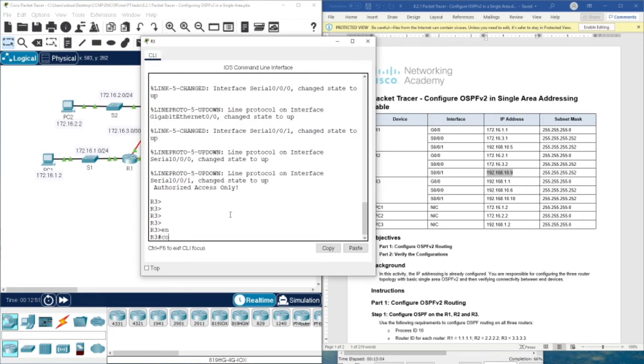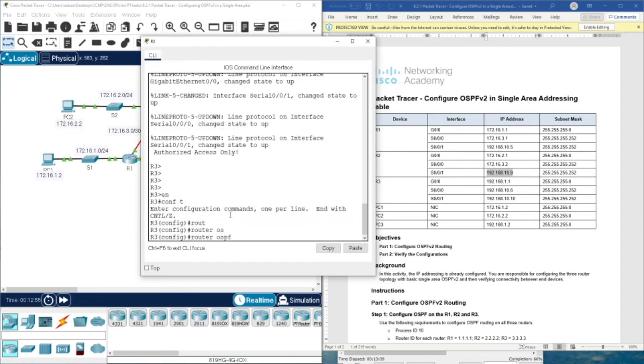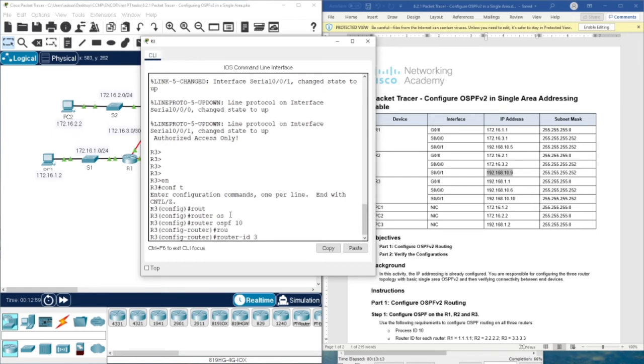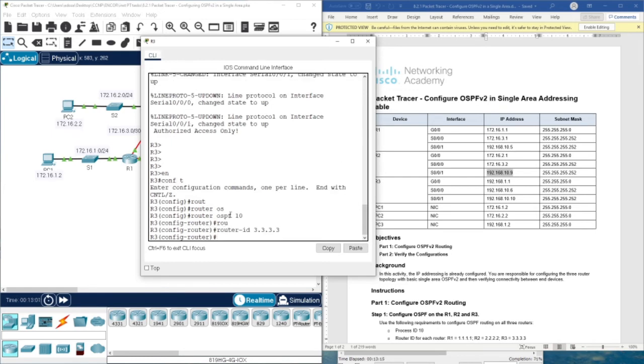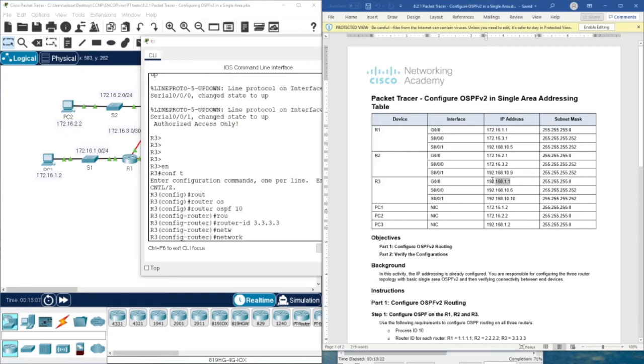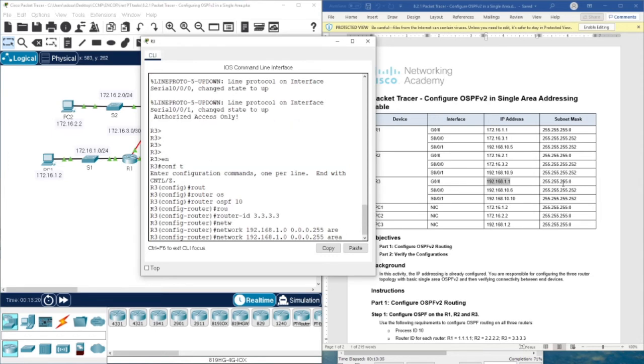Again, enable, configure terminal, and here we have router OSPF 10. Here we have router ID 3.3.3.3. Then we need to advertise the networks. So for the first one, we need the network address, and the wildcard is going to be 0.0.0.255 and area 0.